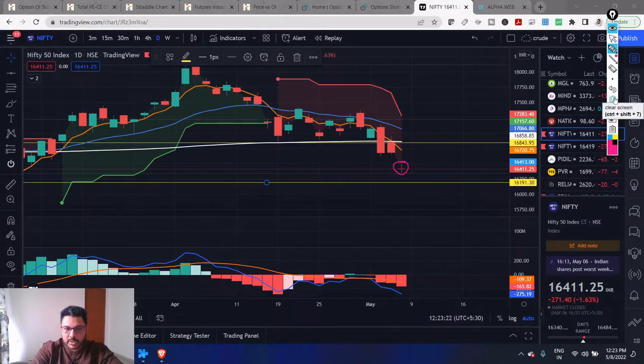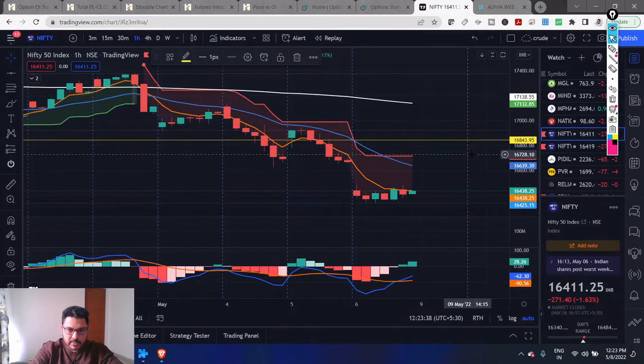But let's look at the overall global scenario. Before we conclude anything, we need to look at how our global markets are doing as well. And then let's go to a smaller time frame, which is the 1 hour time frame. As you can see, it is consolidating in the same range.